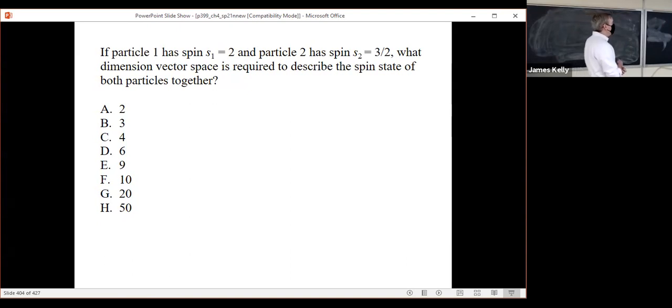What dimension vector space are we going to have if we combine a spin 2 particle and a spin 3/2 particle? I've got so many people on Zoom, I better display you so I can see you holding up your votes.